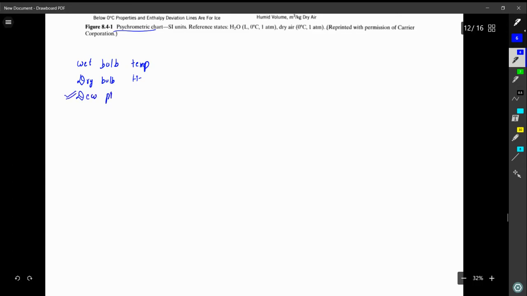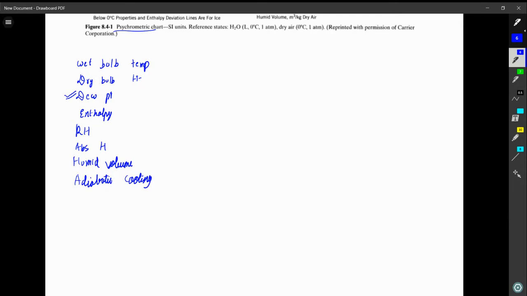And then we have enthalpy, relative humidity, absolute humidity, and what else? We have humid volume, and we have adiabatic cooling. Let's go through each of these terms one by one.